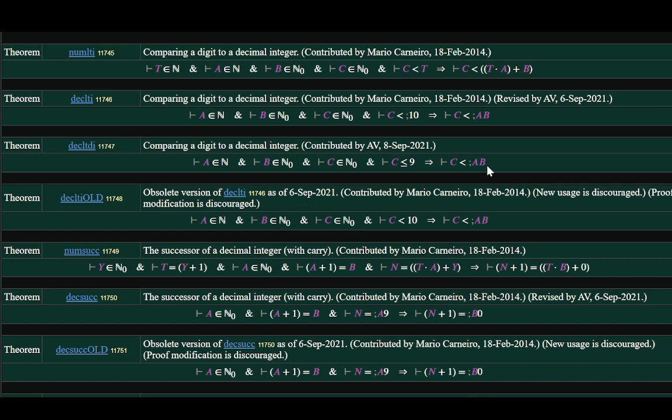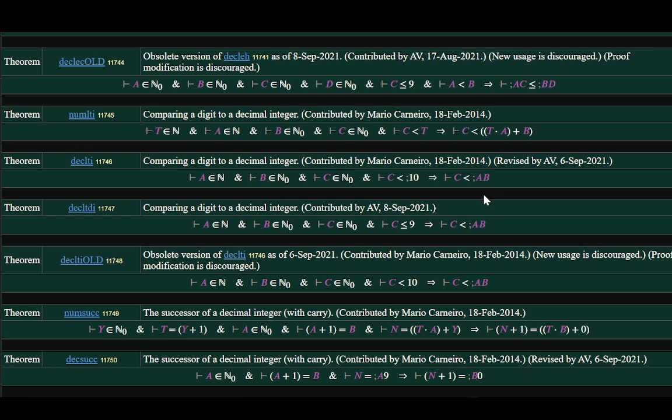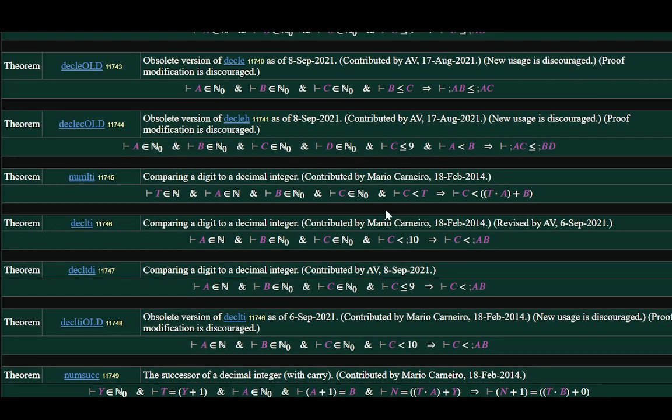But we need something for if C is less than T times A plus B. This is actually more difficult than I thought. What about this? Take a bunch of natural counting numbers. C is less than 9, A times B is less than A times C plus D.